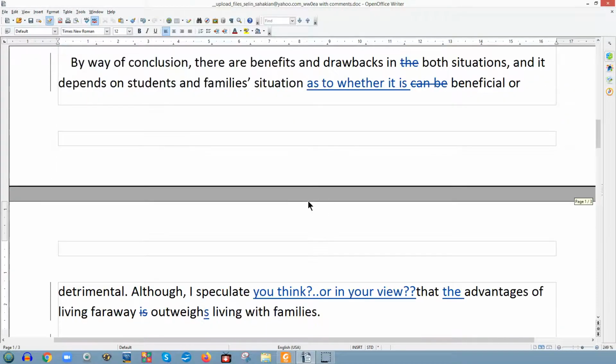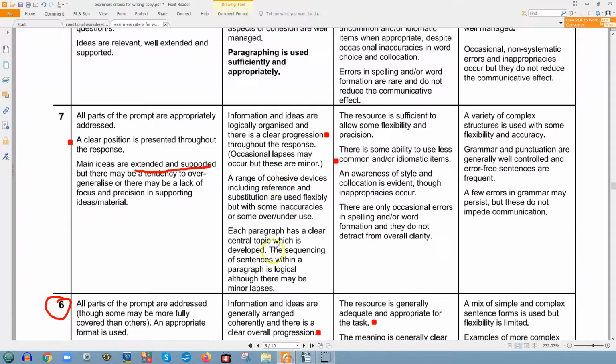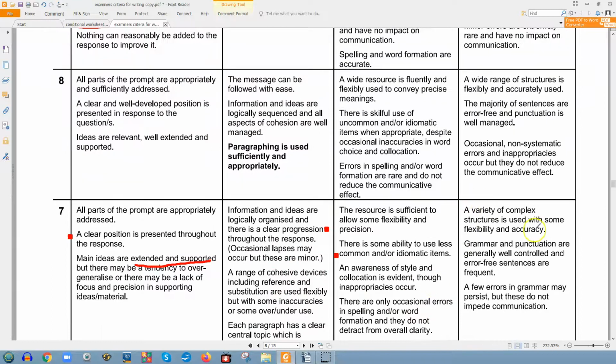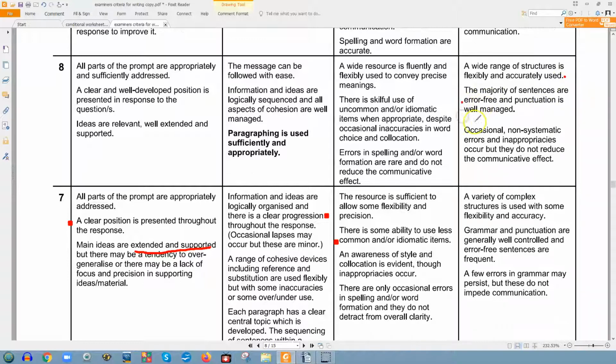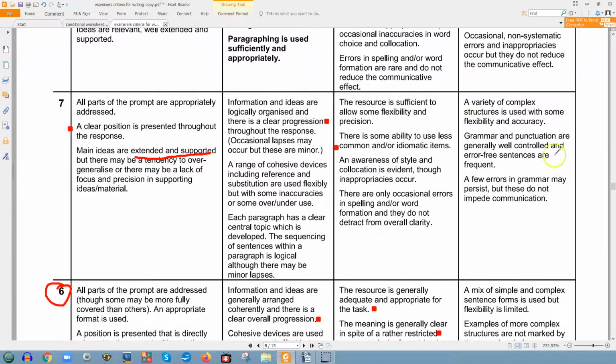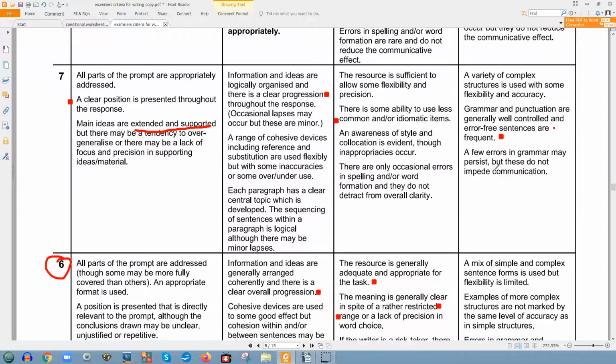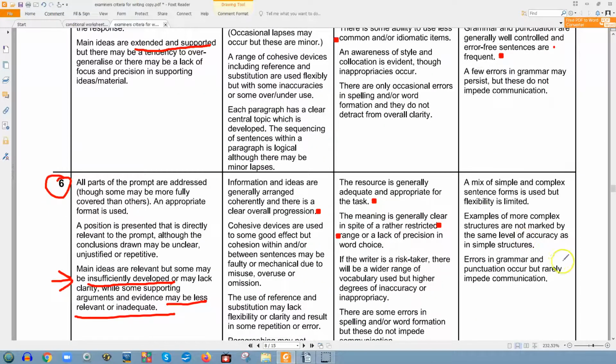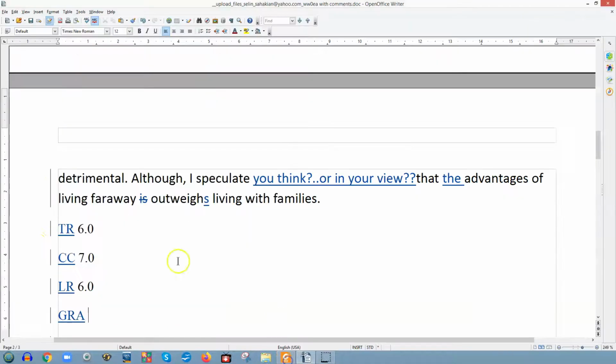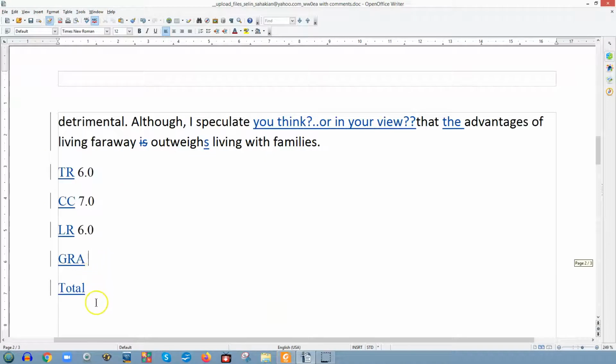So, we've got some grammar errors. What would we say? Wide range of structures, accurately used? Majority error-free? No. Error-free sentences are frequent? Well, no, they aren't. So I would probably give it 6. It's not bad, but you need to show a greater range, so I'd probably give it 6.